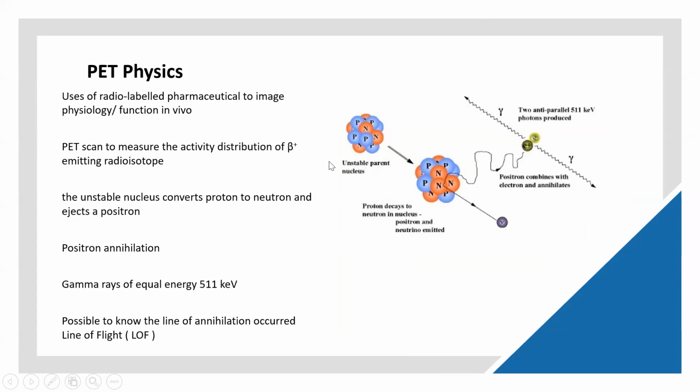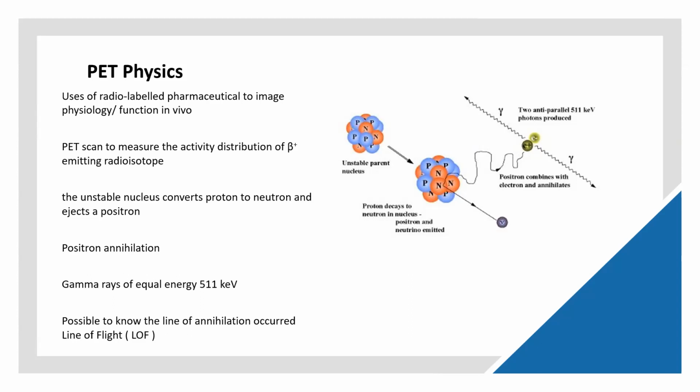What is the idea of beta decay? It starts with a neutron deficient isotope, which decays to a stable form by converting a proton to a neutron and ejecting a positron to conserve the electric charge.